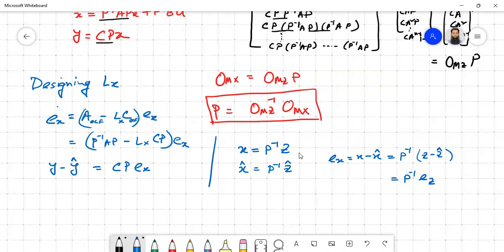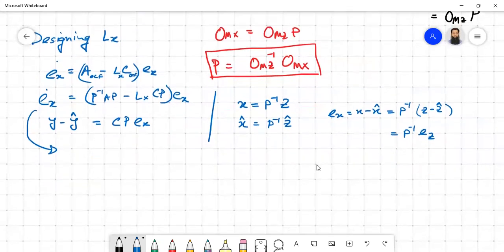Now, if we use this in the original matrix that we have derived, EX dot, we are going to get, since we are going back to the original system, EX dot can be replaced by P inverse EZ dot, which will be P inverse AP minus LX CP.